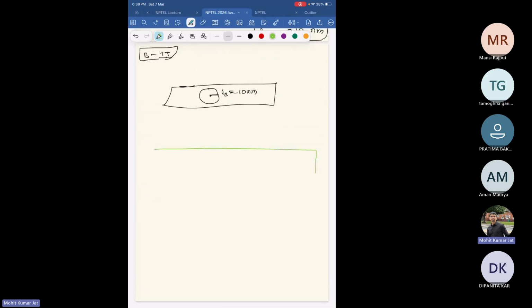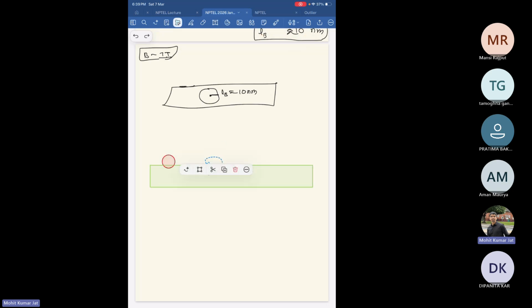So whenever this happens, let's say if your electrons are like this, let me just select it, and then I'll show you. Okay, this is here, this is here.